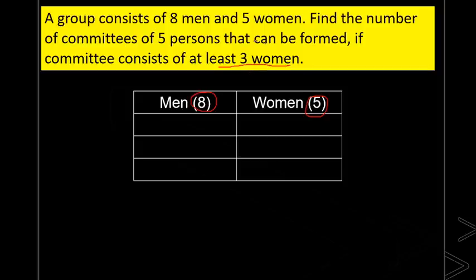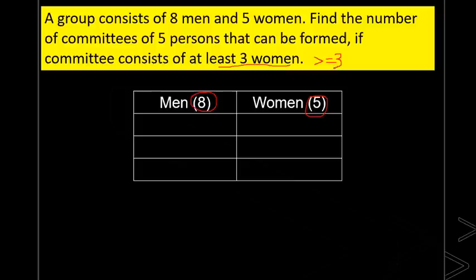At least 3 women. What do we mean by at least 3 women? A minimum of 3 women. So the values could be greater than or equal to 3, right? 3 and above, that is what we mean by at least 3 women. To pass the exam you need at least 35 marks, which means you should have 35 or above.